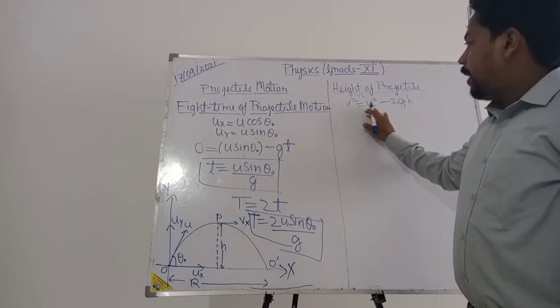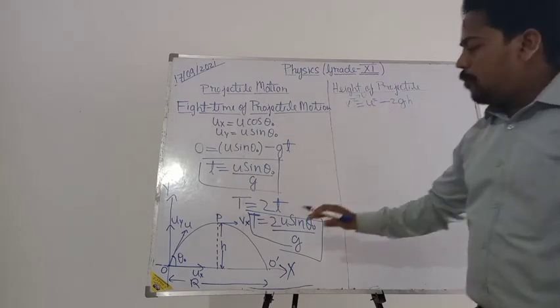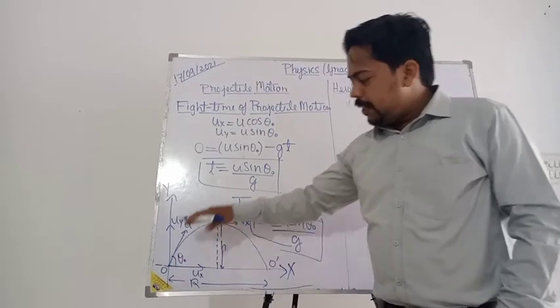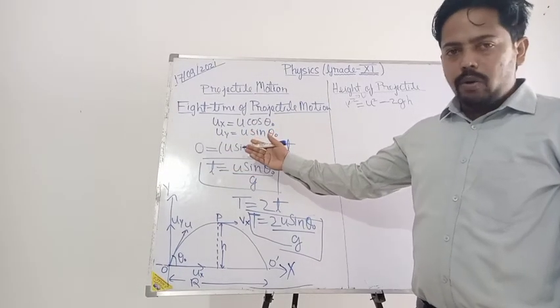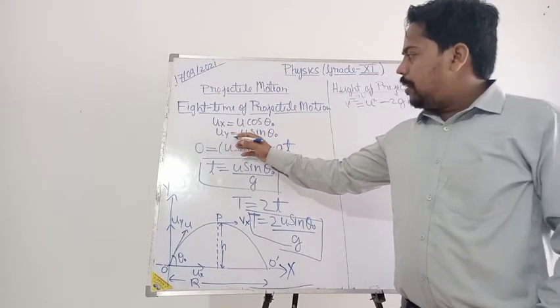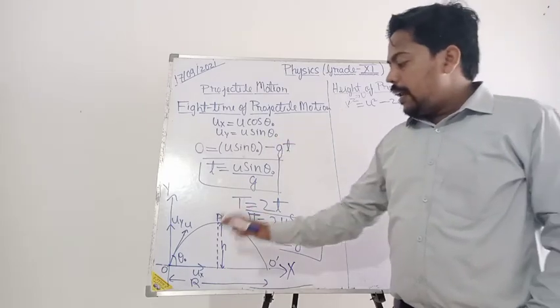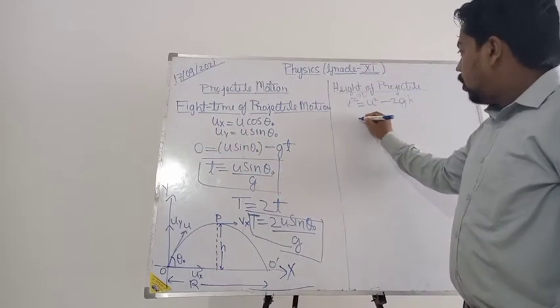Again the question arises, which component of this u is responsible for carrying the particle from 0 height to a certain height? So obviously we can conclude that only the vertical component is responsible for carrying the particle from the zero level to a certain height. So what we can write?